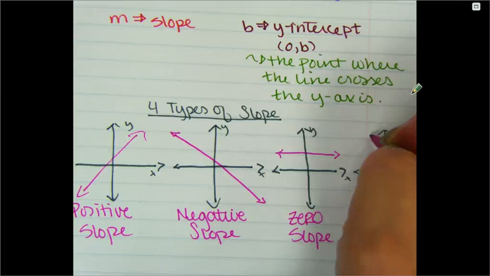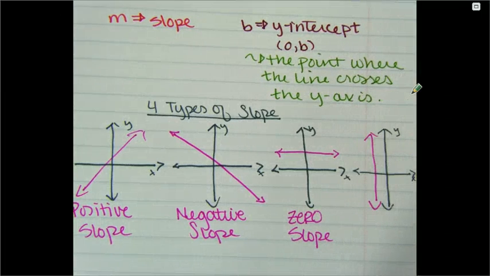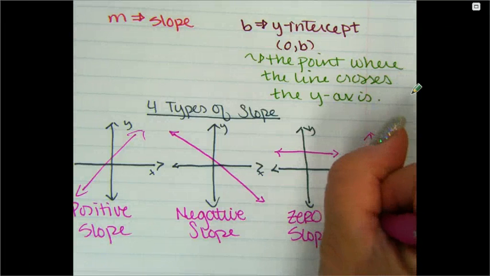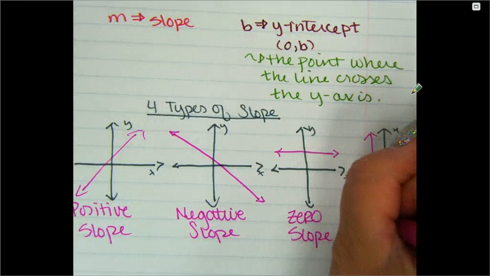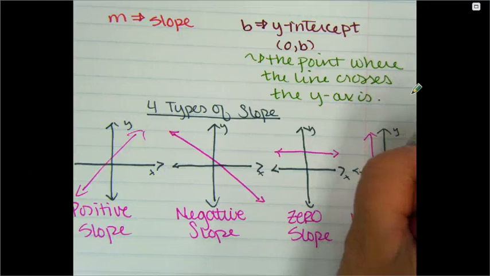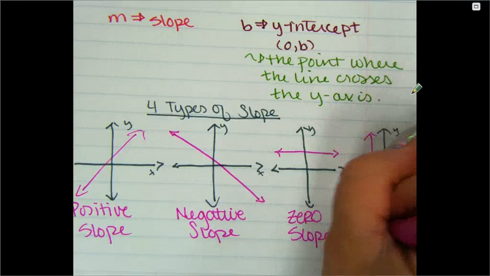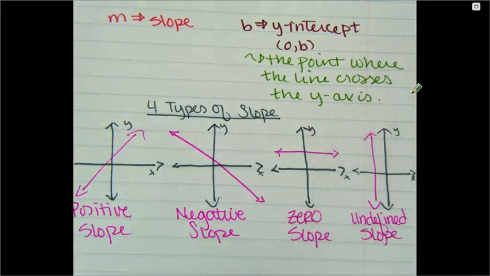And then you have this one, which is what? What? It's your undefined slope. So remember, for you to get a zero slope, where does zero have to be, on the top or the bottom? Top.